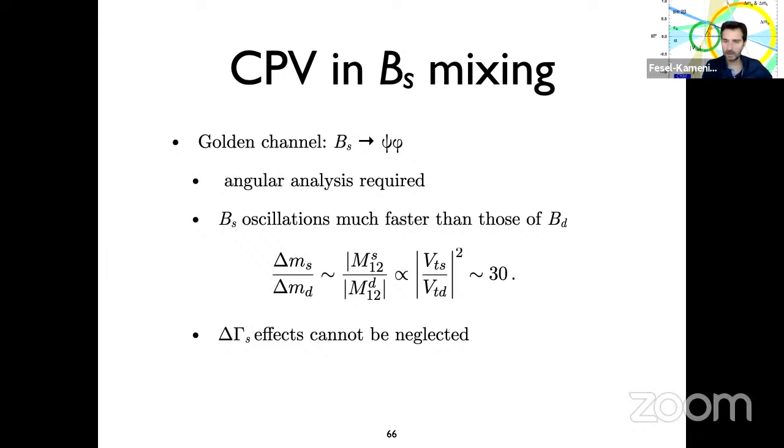Since I'm running out of time, here I've worked out in some detail how we derive a constraint coming from CP violation in interference between the mixing and decay amplitudes, in a particular case.